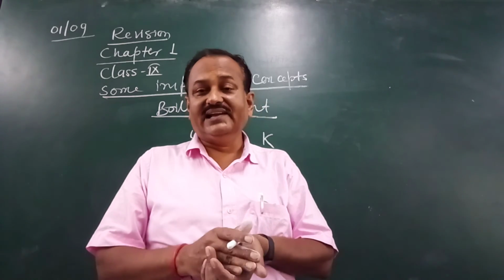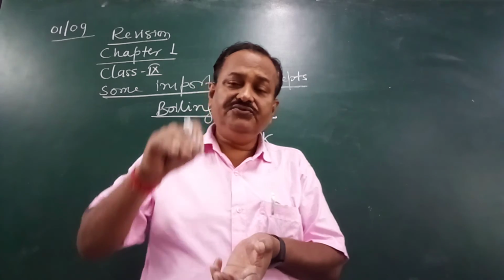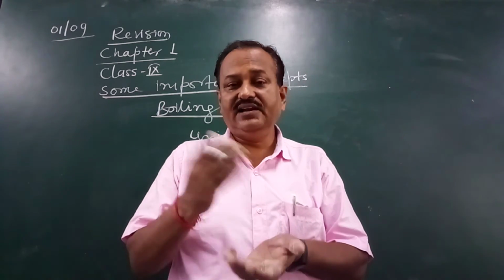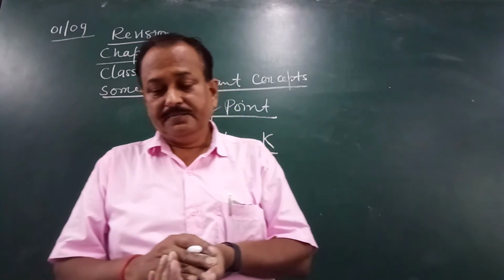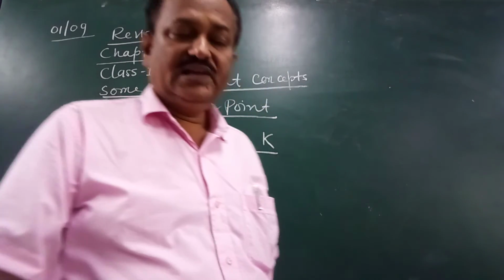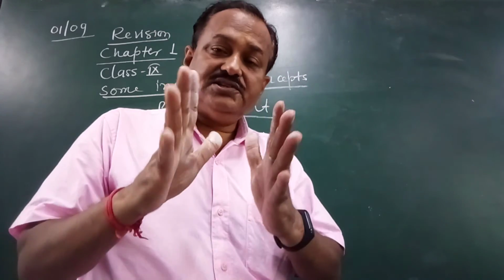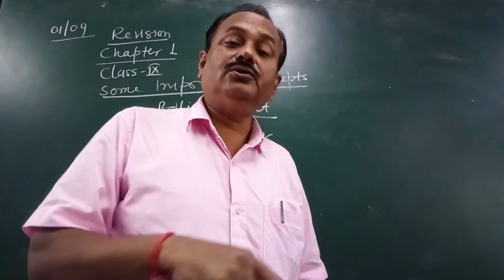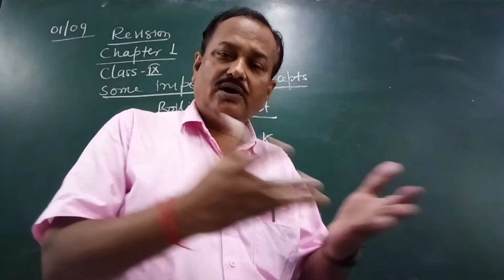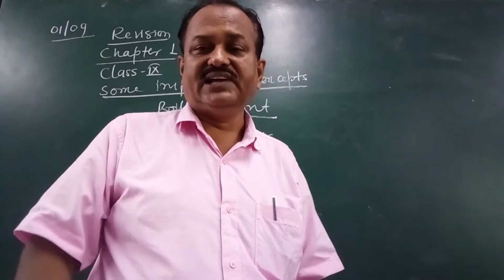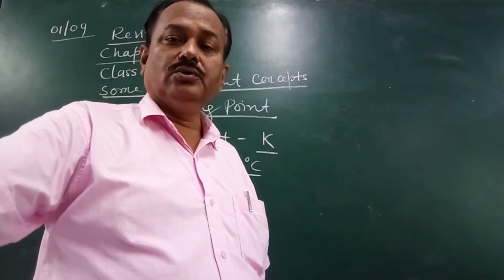The lid has a rubber gasket, and so it creates very high pressure, and as a result the food materials are cooked. But in an open vessel like kadahi or bhagona, the vessel is totally open. Even if you close it with a lid, there is always a possibility of steam coming out from the sides, and so it is unable to cook easily.